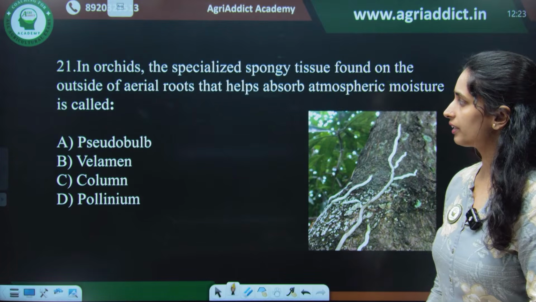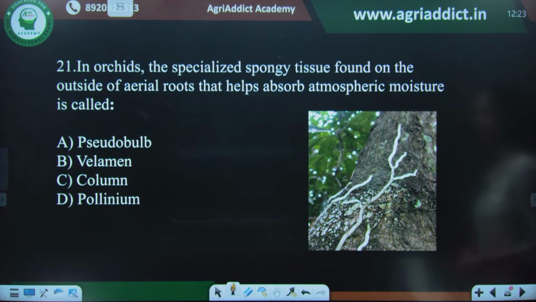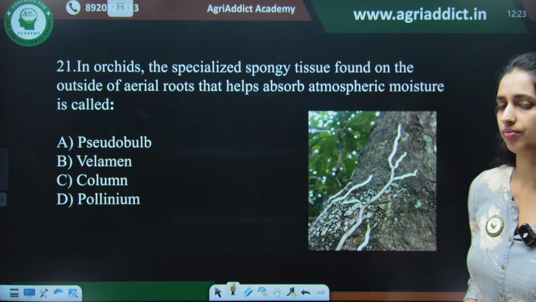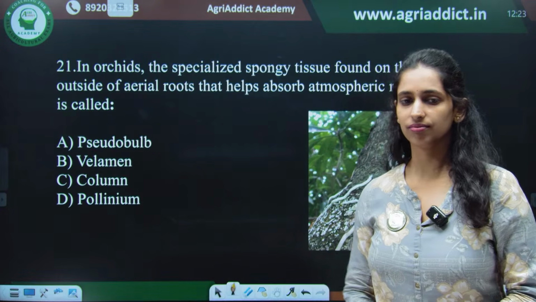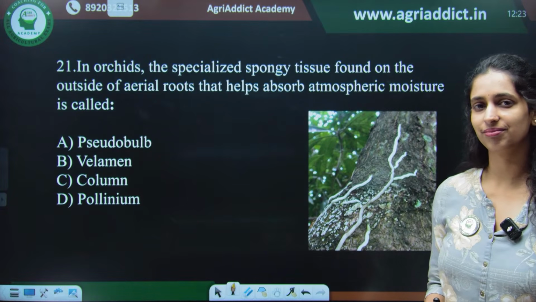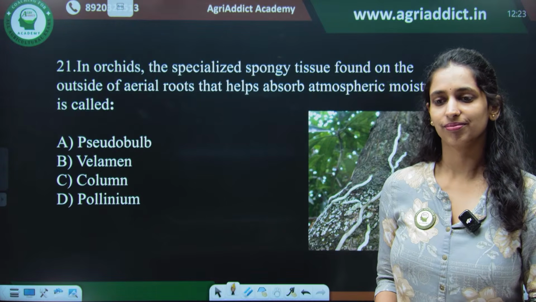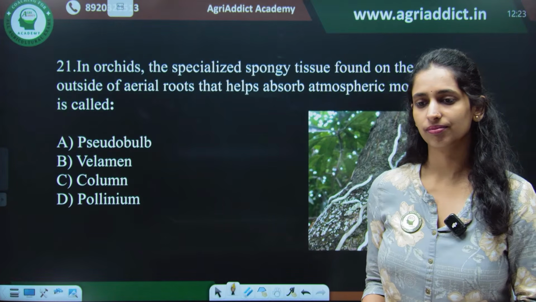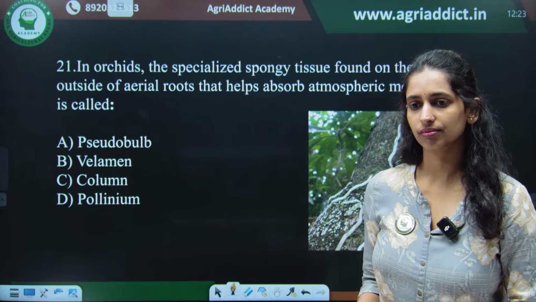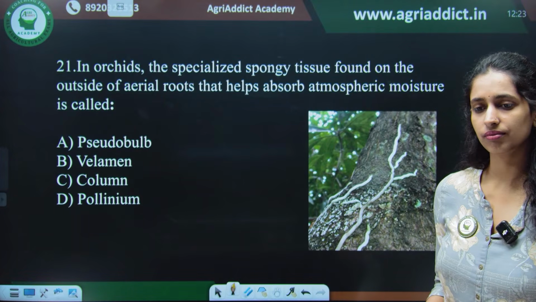21. In orchids, the specialized spongy tissue found on the outside of aerial roots that helps absorb atmospheric moisture is called. कौन सा पार्ट है? Okay.